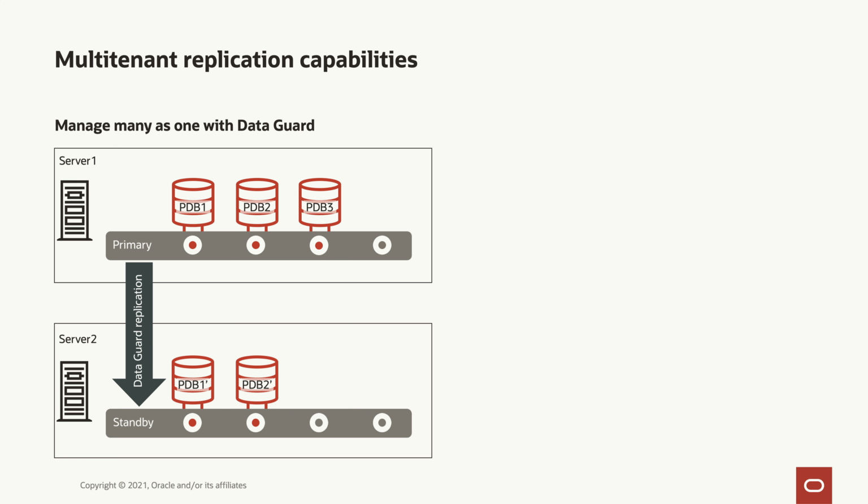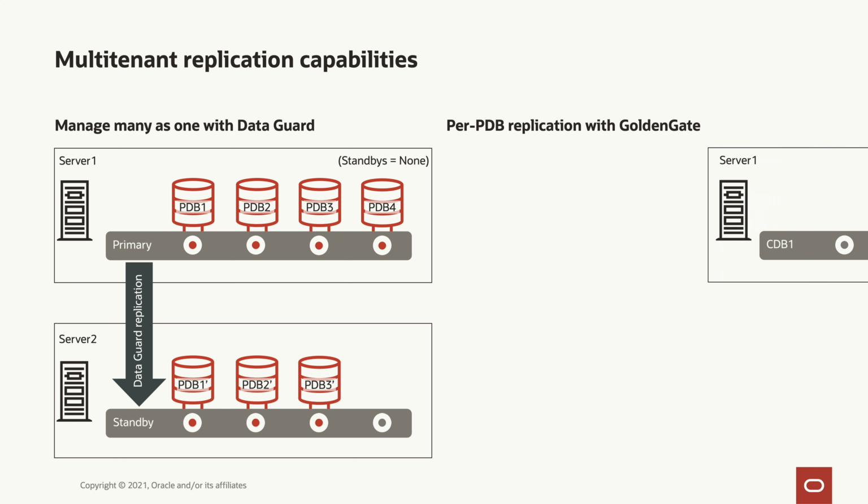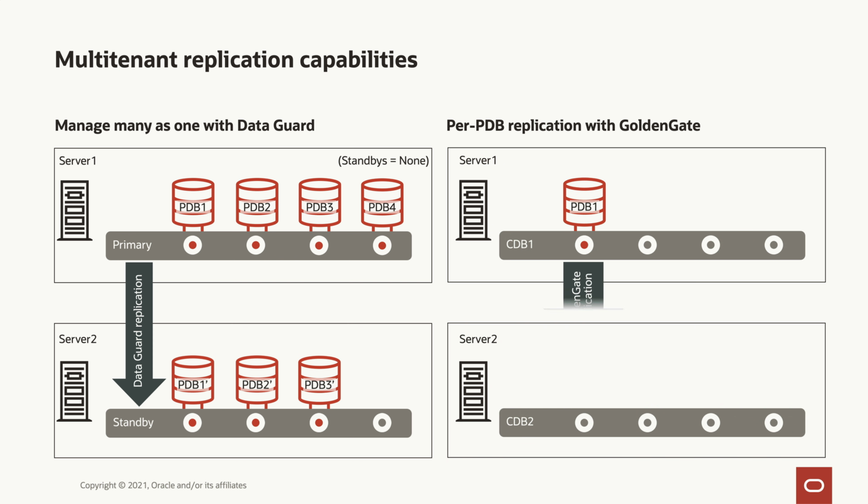Configure this once at the CDB level, and Data Guard will replicate transactions from primary to standby for all PDBs in a single stream. Some granular control is possible to the extent that a PDB may be configured with no standby, where appropriate. At the other extreme, for replication of data at the individual PDB level, GoldenGate is the perfect choice.